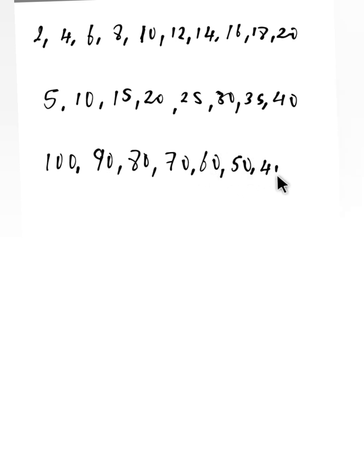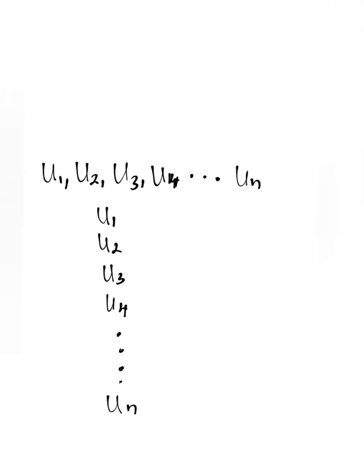What about a sequence like 100, 90, 80, 70, 60? Obviously the next is 50, the next is 40, and it goes like that. So that's a sequence. A sequence is a succession of terms in such a way that each term is related according to a defined rule.